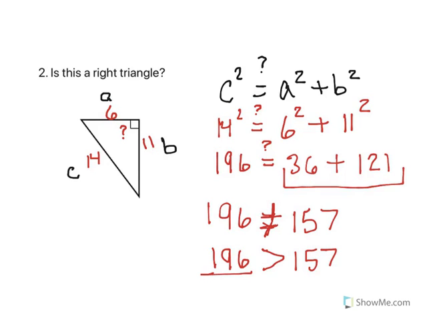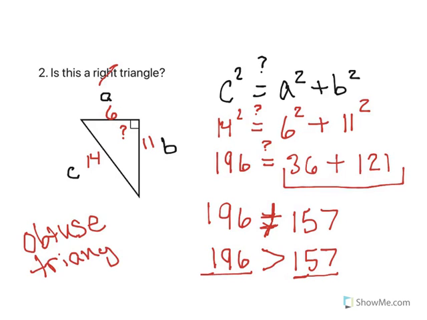So when c squared, which is the left side of my equation, is greater than the right side of my equation, that means that this triangle is not a right triangle. It is an obtuse triangle. And if the left side is less than the right side, then that would be an acute triangle.